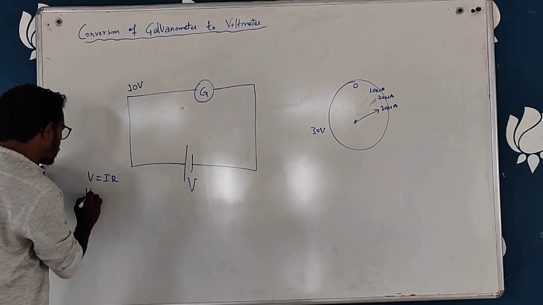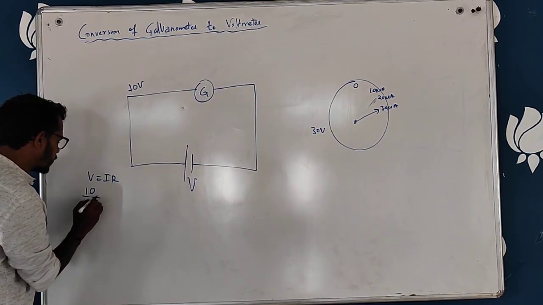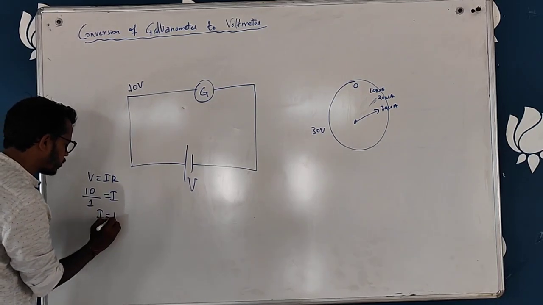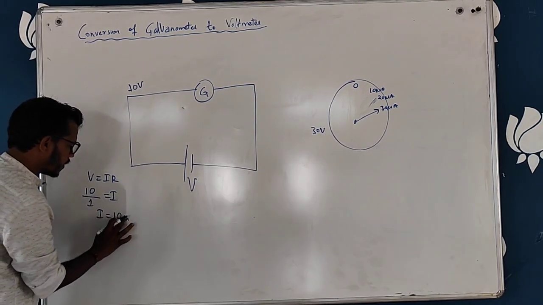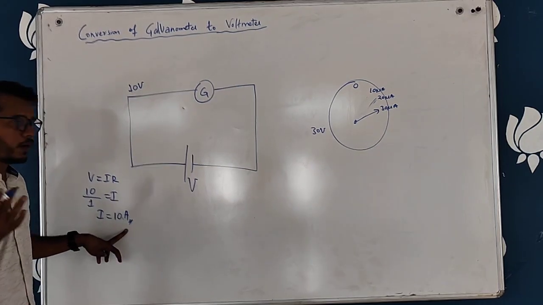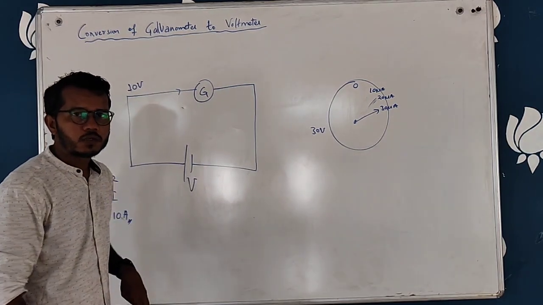So for 10 volt, if the resistance value in the circuit is 1 ohm, then my current becomes how much? 10 ampere. So 10 ampere is a very large amount of current passing in this galvanometer.